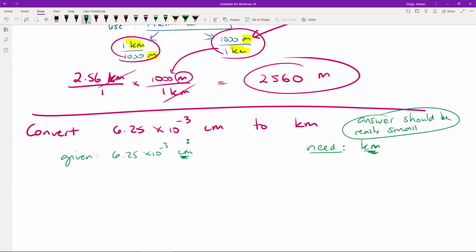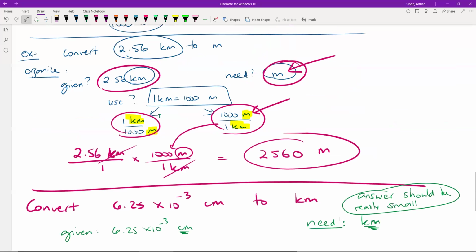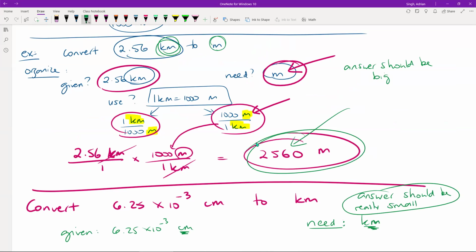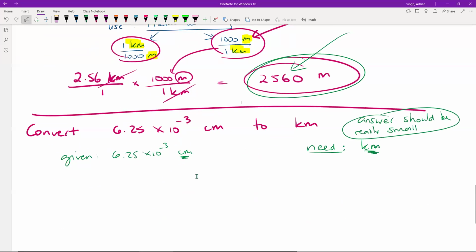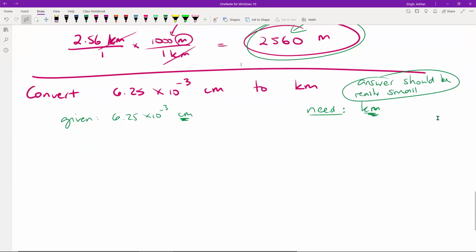Just like, in the opposite case, when we did our first example, we went from a large unit, kilometers, to a small unit, so we could predict that the answer should be big. It should at least be larger than what we started with. And it was, right? 2,560 is greater than 2.56. Well, here now we're going from a small unit to a much bigger unit, so the answer should be really small.